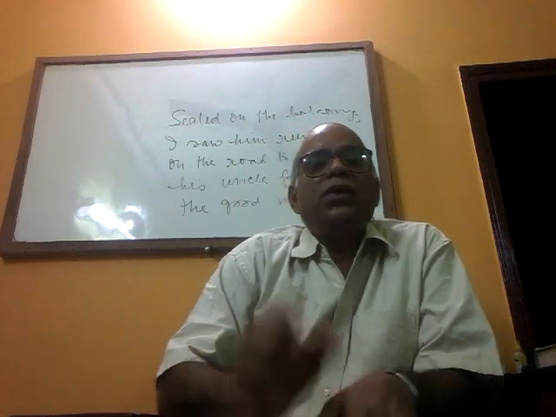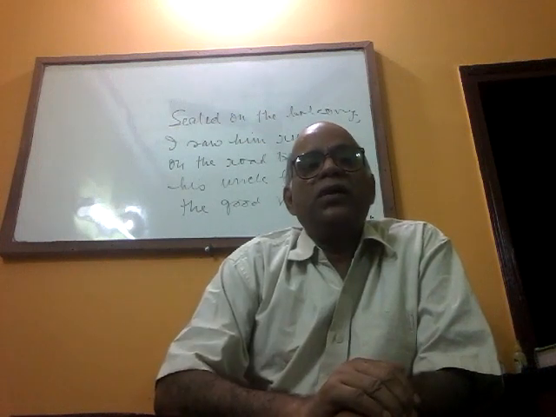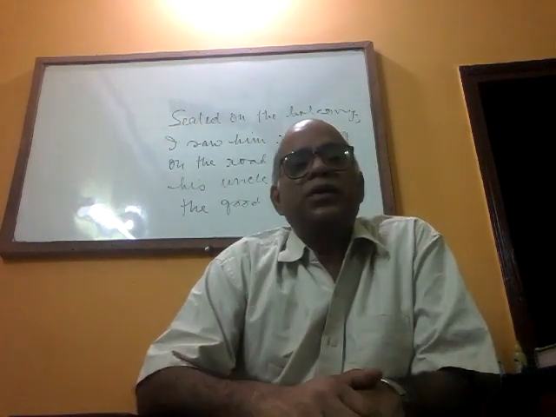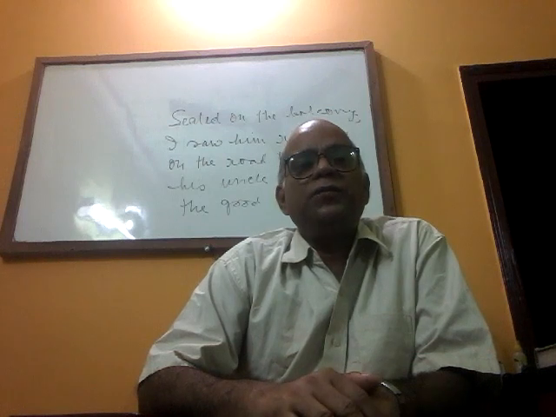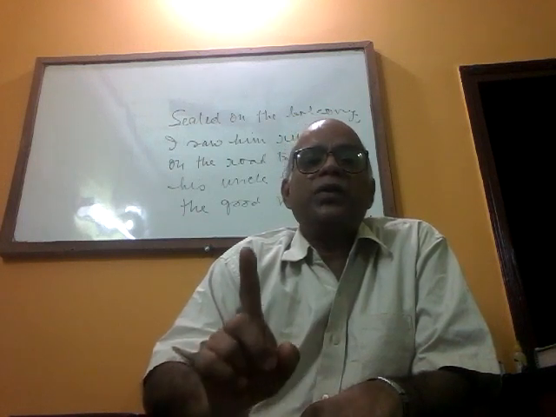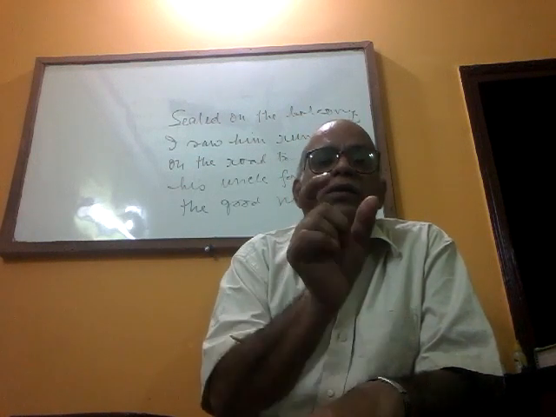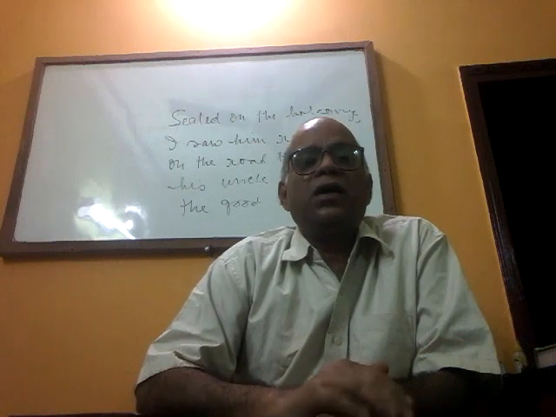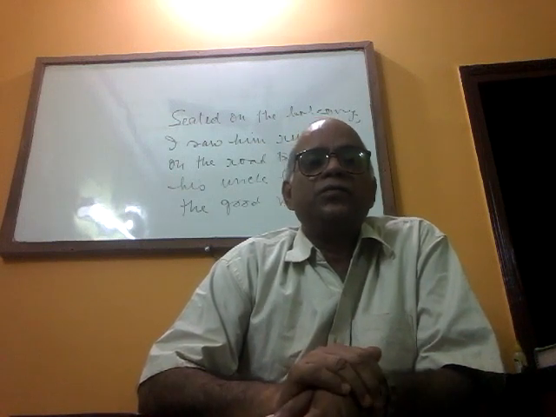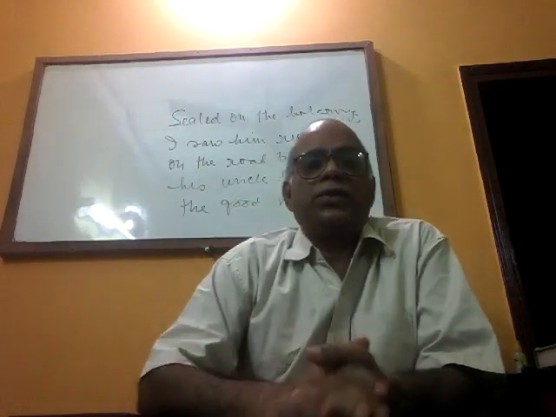Now clause is divided into two divisions. I told you earlier, principal clause and subordinate clause. Principal clause has no division, but if there be more than one principal clause in a sentence, the first one is called the principal clause. The first principal clause is called the principal clause, and the other principal clauses are called coordinate clauses.